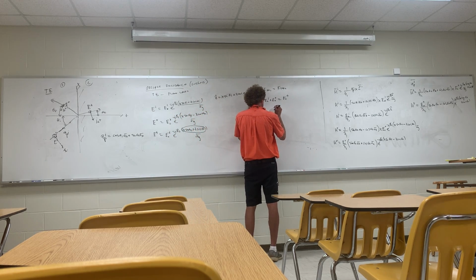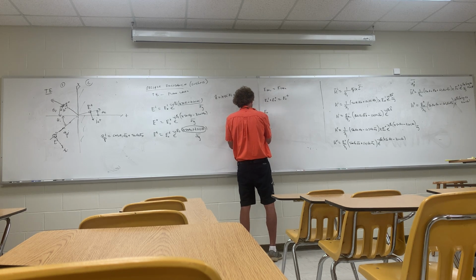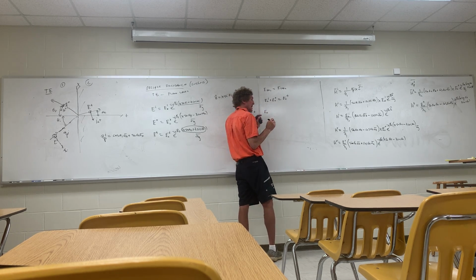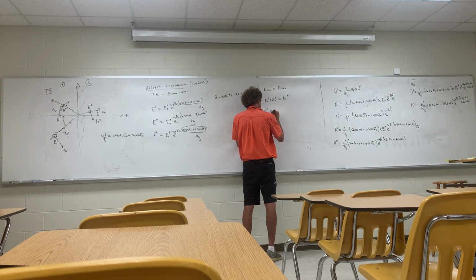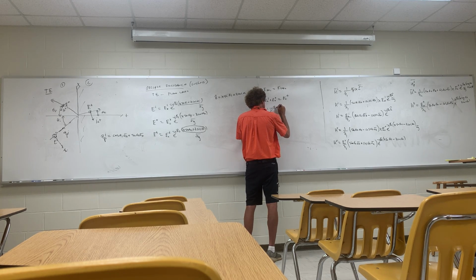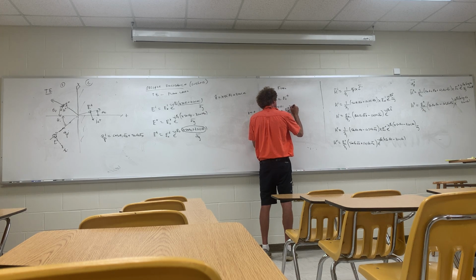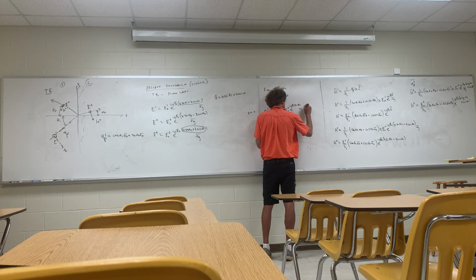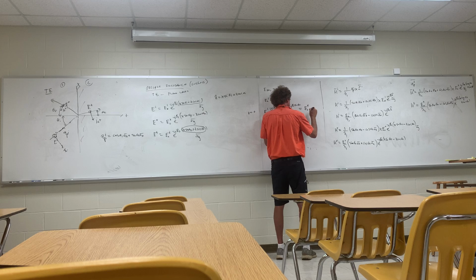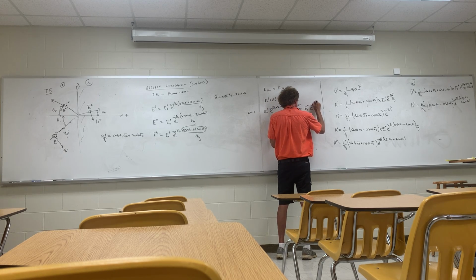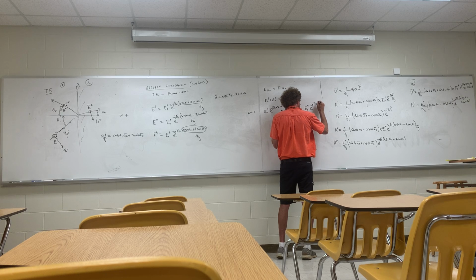Now I can expand that one. That's just at the boundary, but I can also say, if we talk about Z equals 0, because an important thing happens there, it's E naught incident times e to the minus j beta 1 X times the sine of theta incident, plus E naught reflected times e to the minus j beta 1 X times the sine of theta reflected, and that would be equal to E naught transmitted times e to the minus j beta 2 X times the sine of theta transmitted.